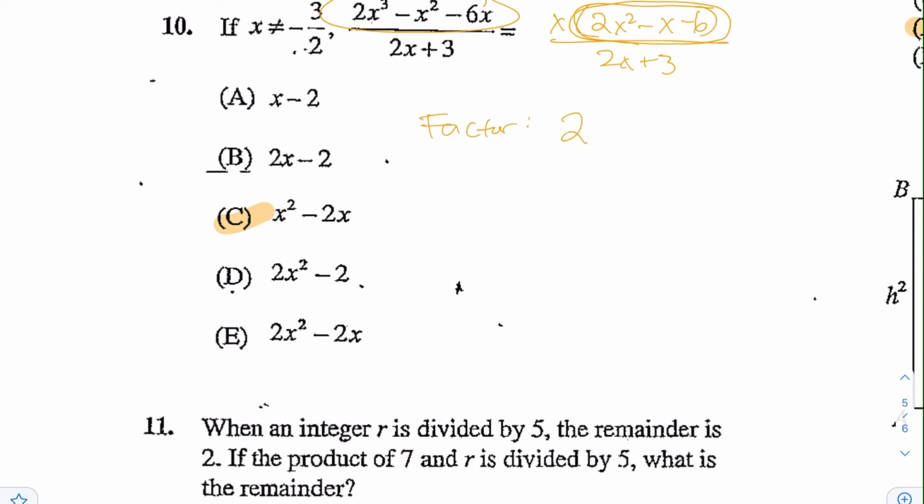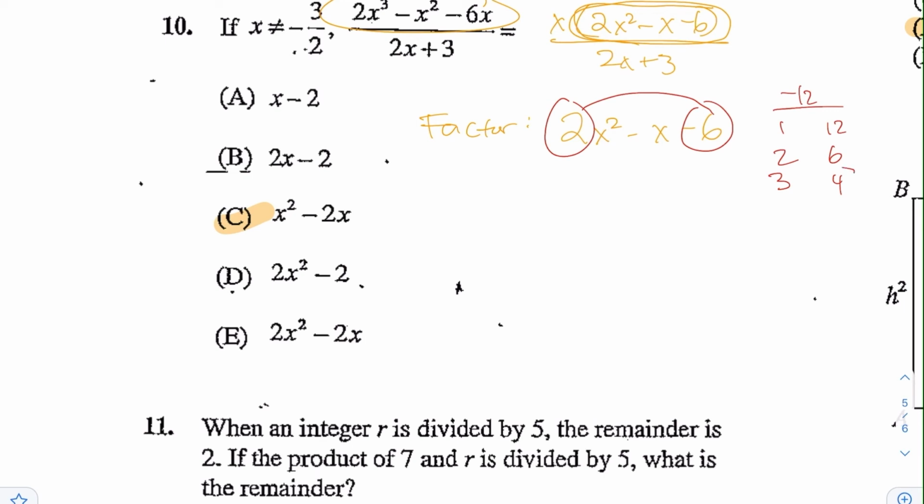So when you factor 2x squared minus x minus 6, because the coefficient of the x squared term is not equal to 1, you'll have to actually do factor by grouping. So you multiply the first term with the last term to get negative 12. You want to list factors of 12: 1 and 12, 2 and 6, and 3 and 4.